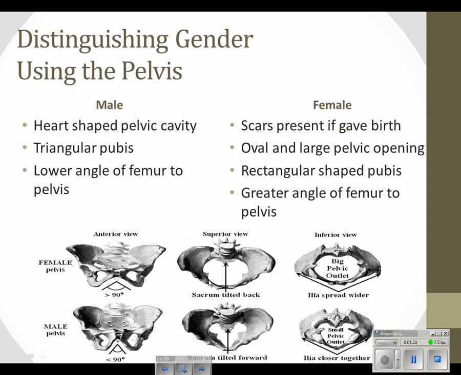So the female is going to have this oval-type shape in the cavity of her pelvis, and it's much larger because remember, females are going to be able to give birth, and the baby has to be able to fit through. So that's a significant difference.